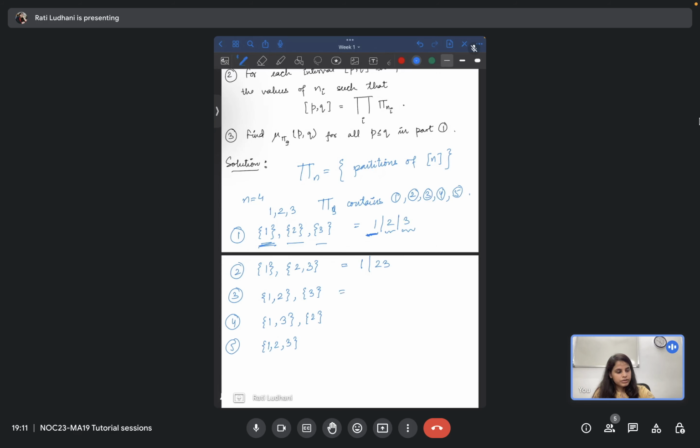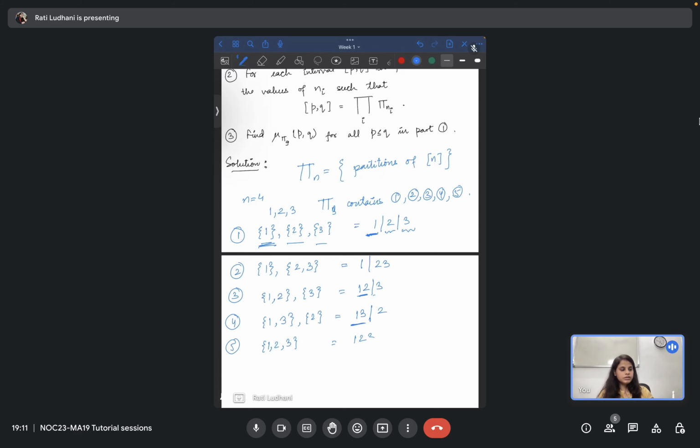Here again you will write 1 2 | 3, and you write 1 3 | 2. So the block which contains 1 comes in front, then the one which contains 2 will be the next. And if 2 is in the same block, then the next least number will come in the next block. And this is 1 2 3.